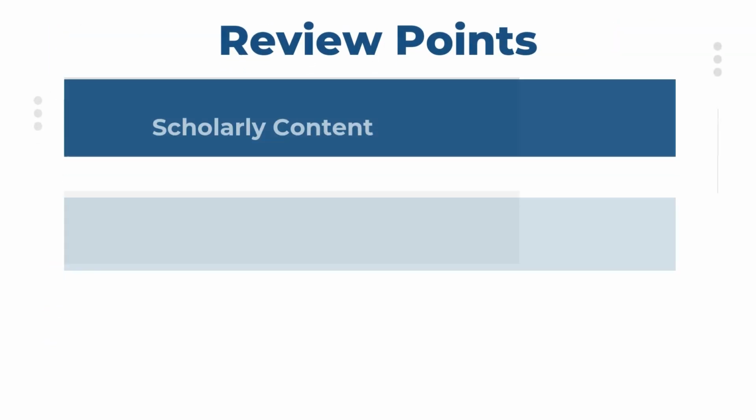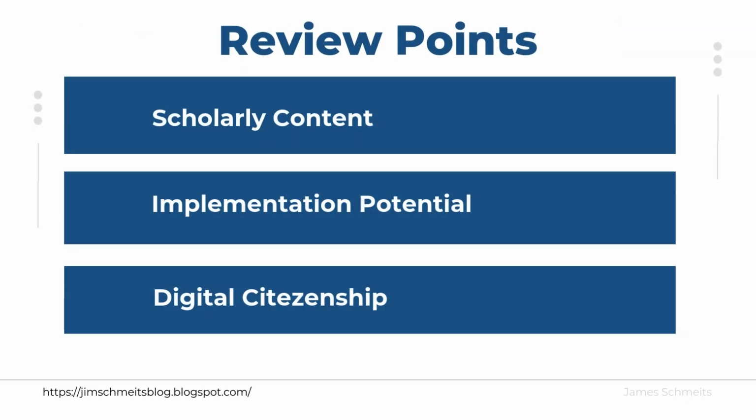So moving on to a quick review. To start with, we'll go over scholarly content. Hausper et al. did a study indicating the increasing importance of AI literacy in education. Things like AI and some of these other topics are really not optional anymore in education. They really need to be included.